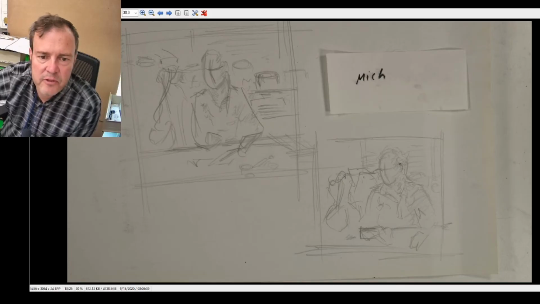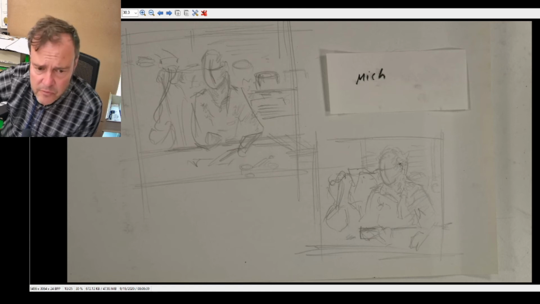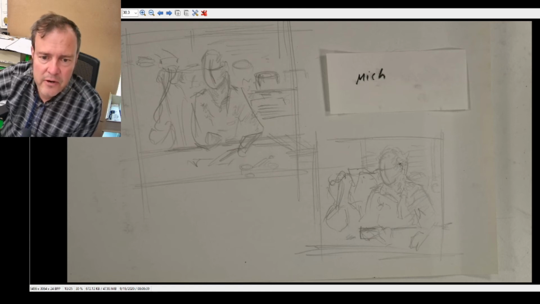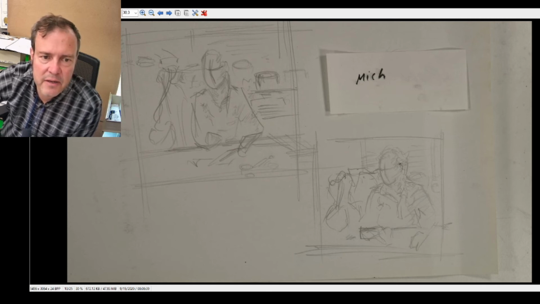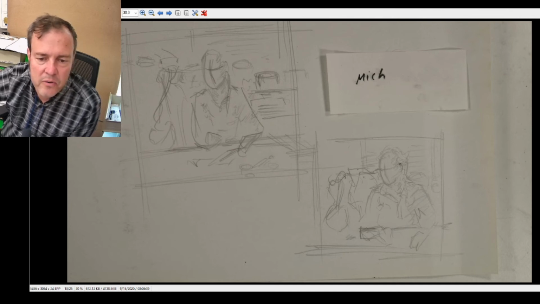Here's an example of 2 thumbnails done for a final project for ECE, the narrative drawing, and you can see that they're messy and they barely look like a person, but these are actually really good thumbnails. It's a very important stage of the project, even if it doesn't look like much here. I'm going to show you the final project that came out of this, so you can see where this skill can lead.